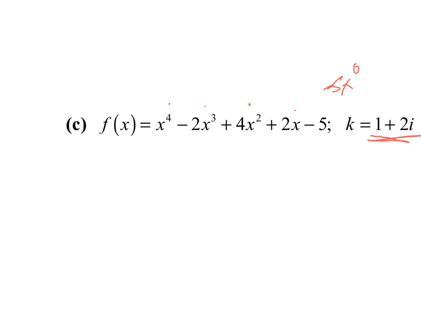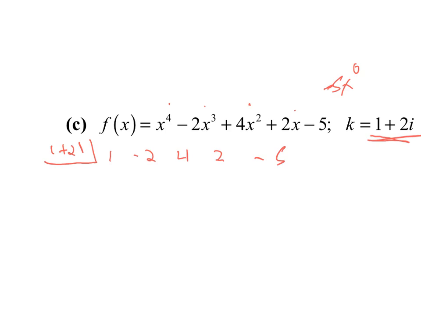So we have them all. 1, negative 2, 4, 2, negative 5. I'm dividing out by a 1 plus 2i. Okay, this is really hard sometimes. You got to be very careful.